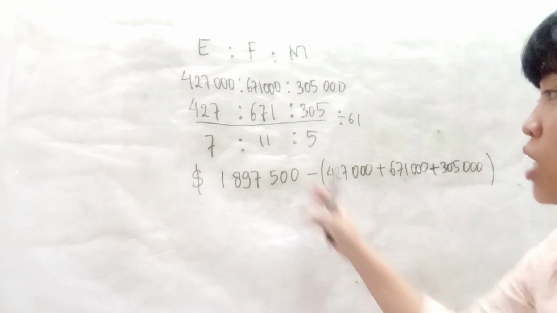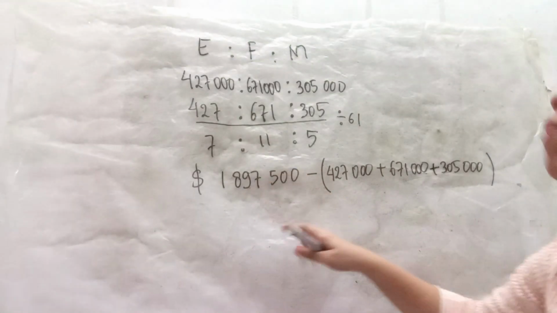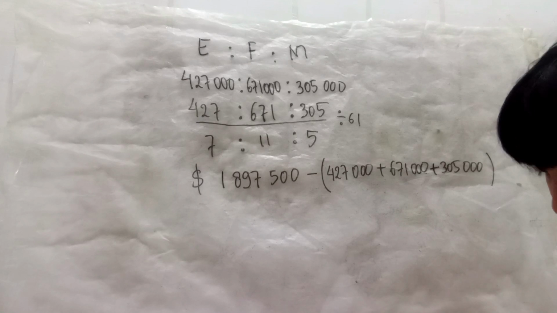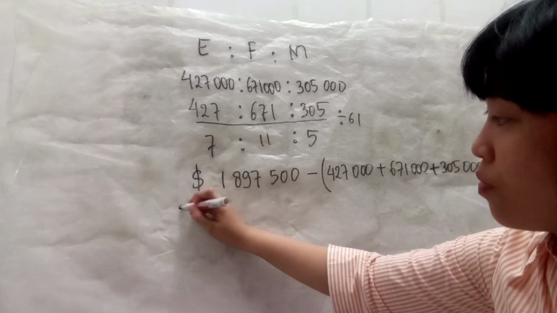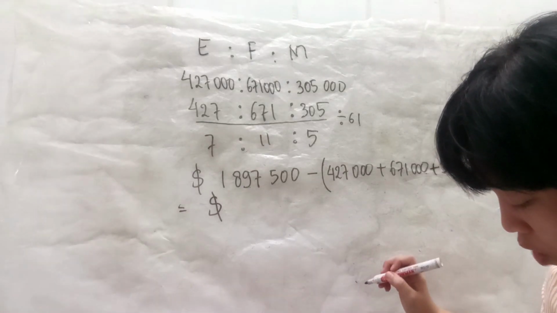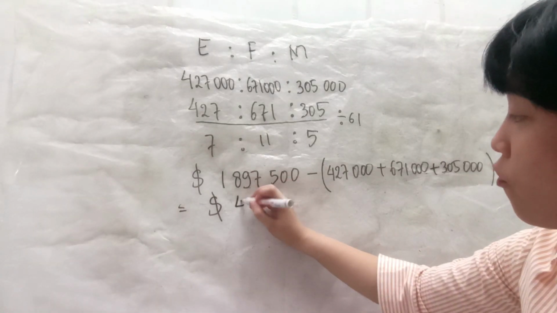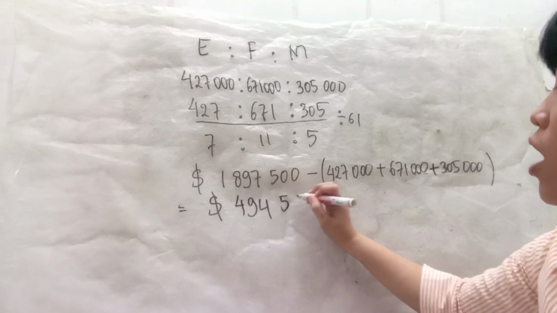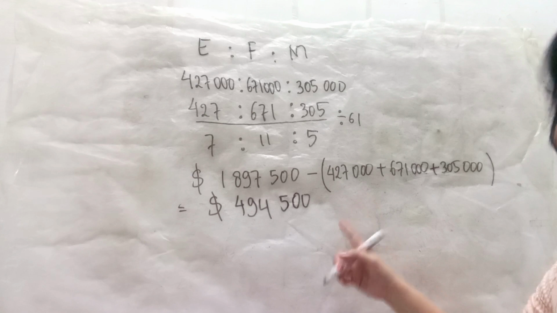Same like this, the amount of money they got minus their investments. So later they will get $494,500. So this is their profit.